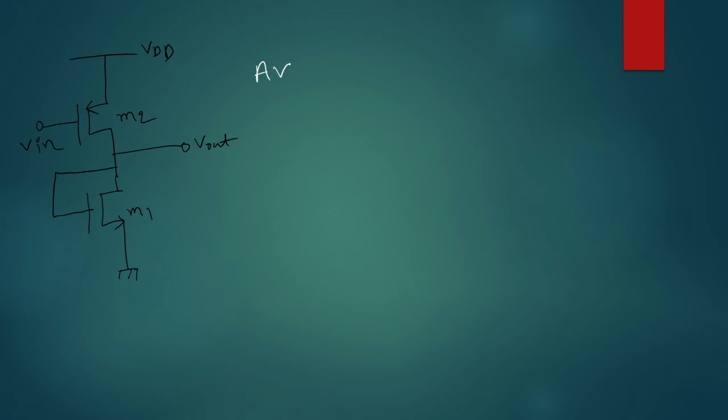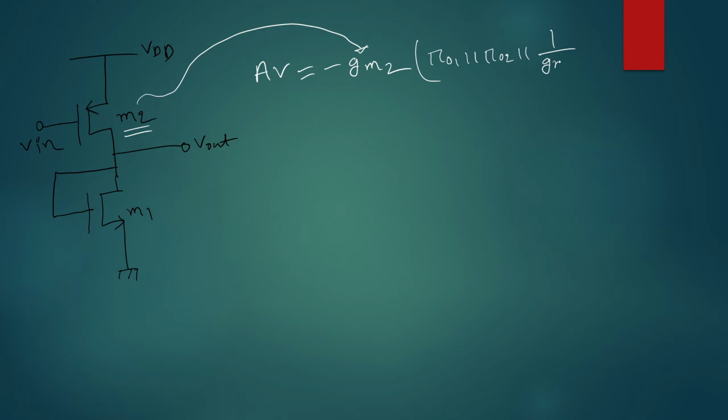Similarly, you get AV equal to minus GM2, because now your driver MOSFET is M2. For this case, you consider the transconductance of this M2 PMOSFET, and the R out will be the same. If you consider the channel length modulation, it will be RO1 parallel RO2 parallel 1 by GM1.